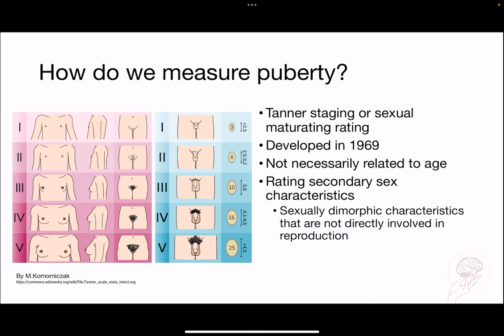So things like body hair, breast tissue development, and testicle volume. It's important to note that these aren't necessarily related to age, although they do tend to occur during similar age periods.